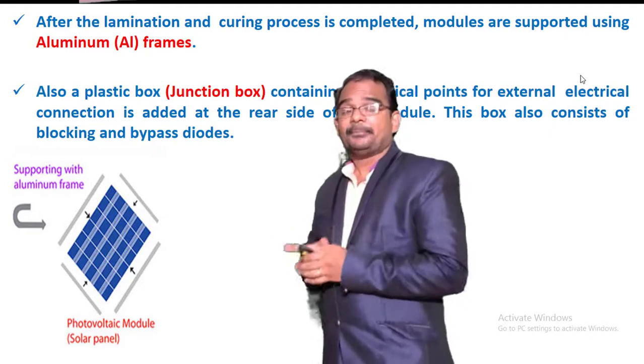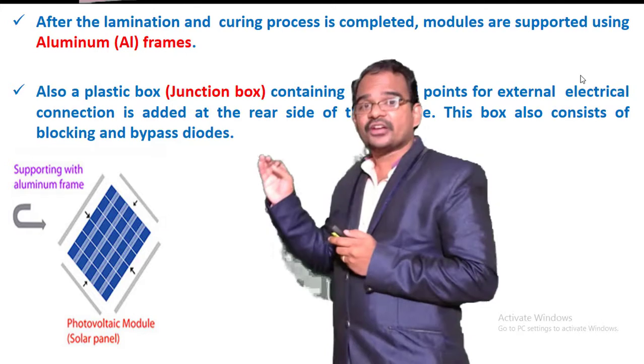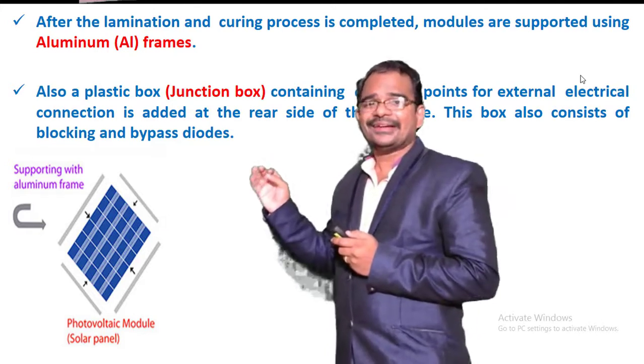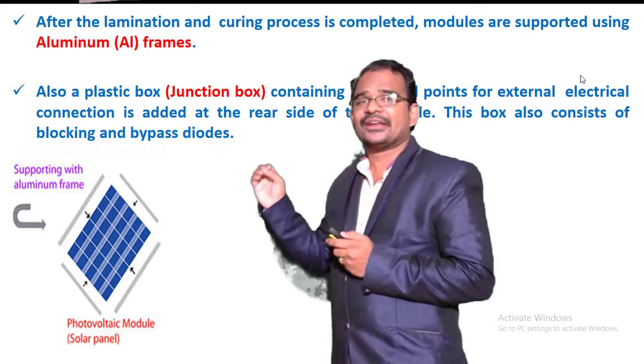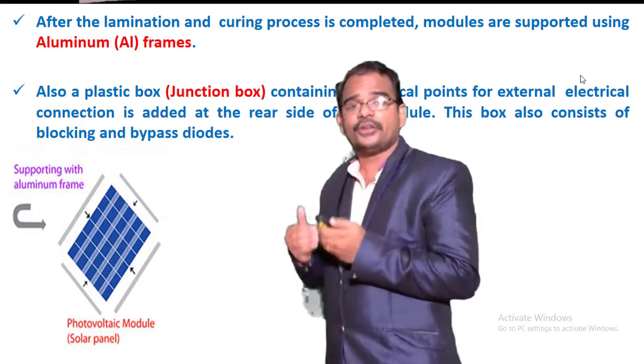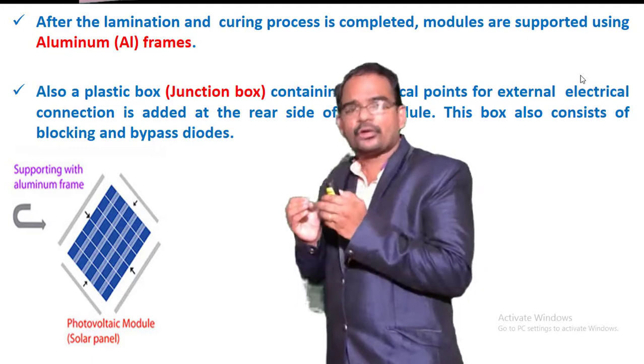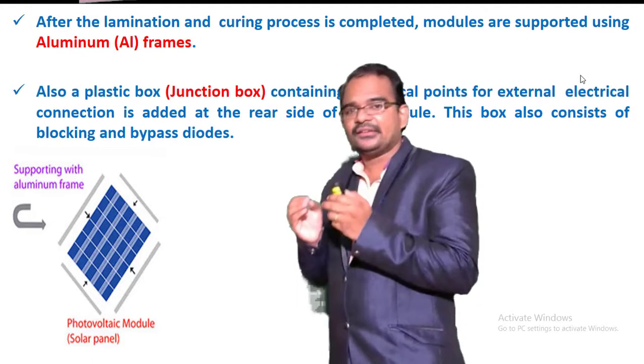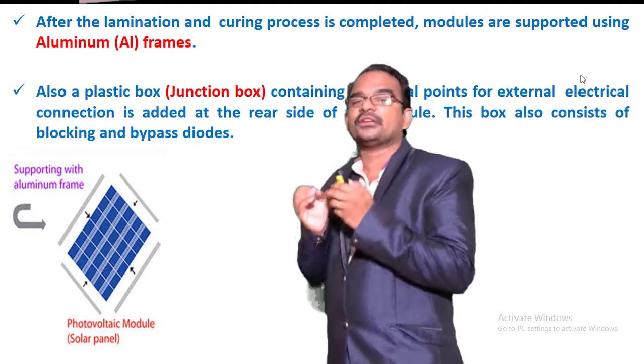Also, a plastic box called a junction box, containing electrical points for external electrical connection, is added at the rear side of the module, and this plastic box also contains the bypass diode and blocking diodes.